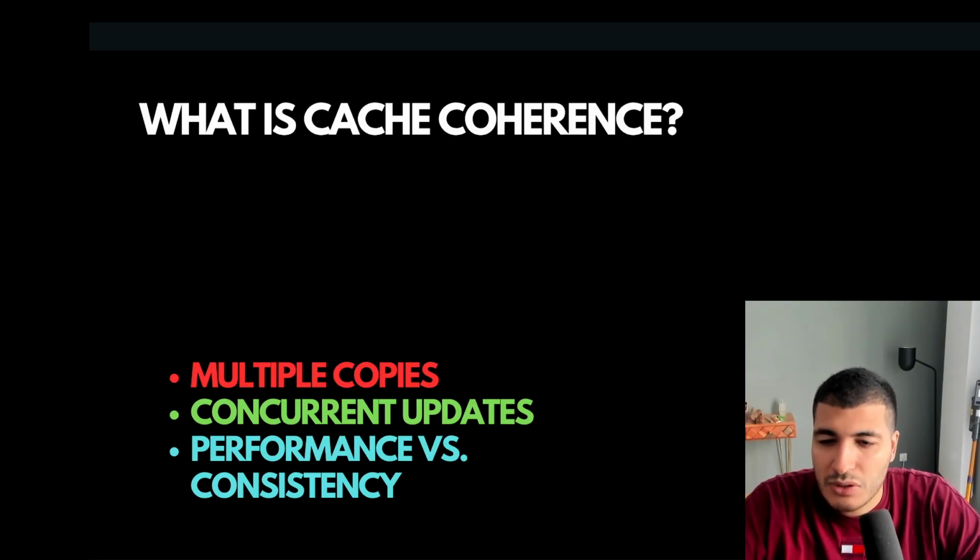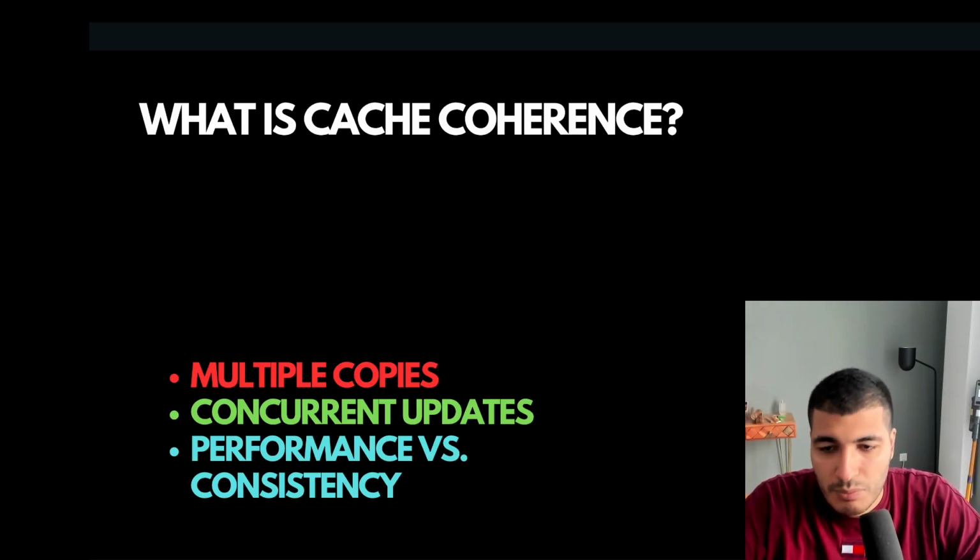Your application will start serving inconsistent or stale data, leading to a broken user experience. This problem is particularly thorny because of, first, multiple copies, because data exists in the primary database and multiple cache layers, like a CDN, a distributed cache, or maybe an application's local cache, and even client-side caches. Number two, concurrent updates.